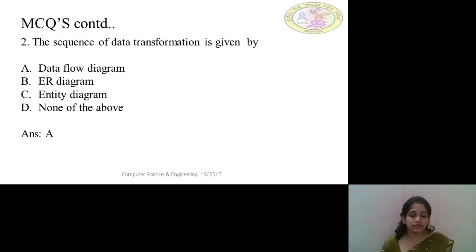An ER diagram is an entity relationship diagram which has different entities along with attributes, and it doesn't say anything about data. But the data flow diagram is meant for showing the data transformation or the sequence of steps involved. So the best suitable answer here is option A, data flow diagram.